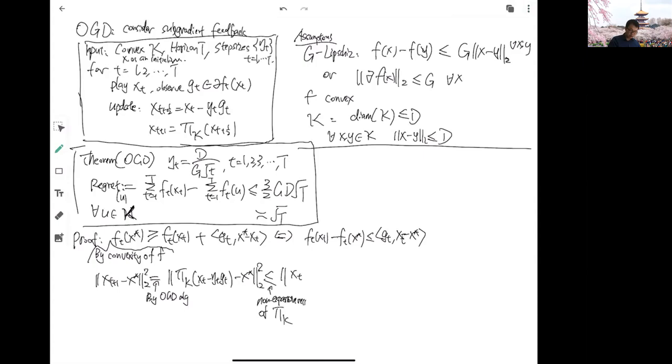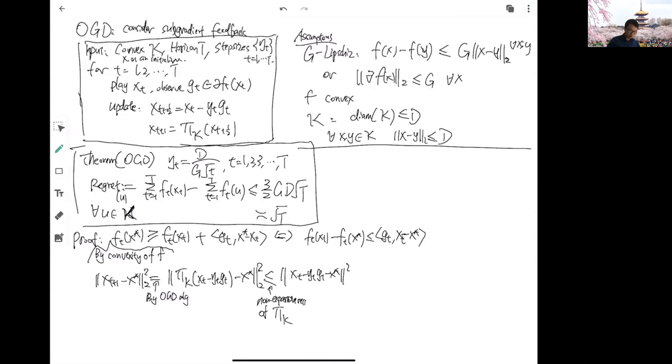That gives you x_t minus eta_t g_t minus x star. We've covered all these techniques in our analysis of gradient descent, subgradient methods and stochastic subgradient methods multiple times. I'm covering this in detail again and again so that you actually pick up these techniques, so you can think of them when you run into these problems yourself.